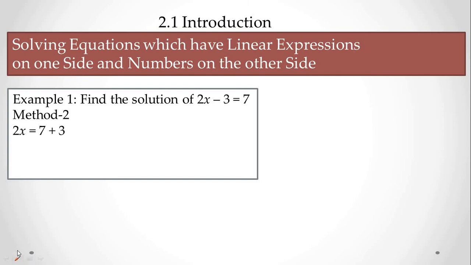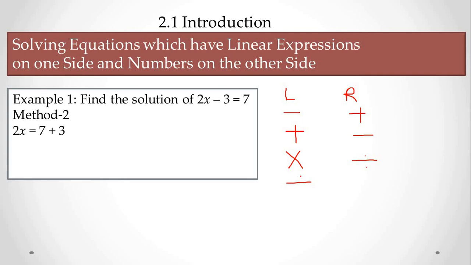So again let me explain properly. We have two sides, left side and right side. If on the left side there is a minus number like minus 3, when it changes side it will become a plus sign. It is opposite. If it is plus, then it will be minus. For multiplication, it will become division, because the opposite of multiplication is division.